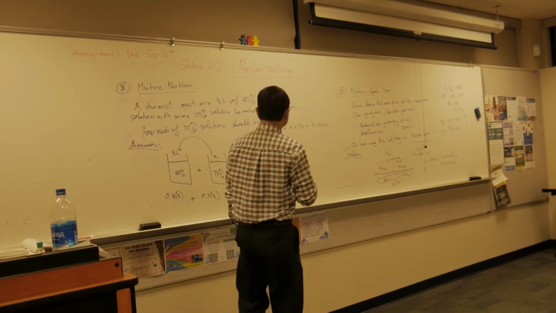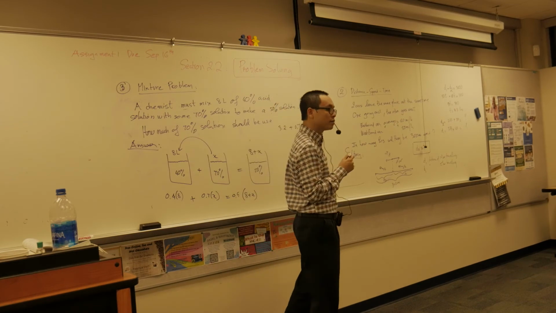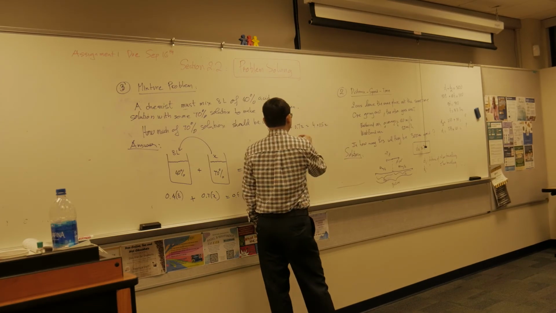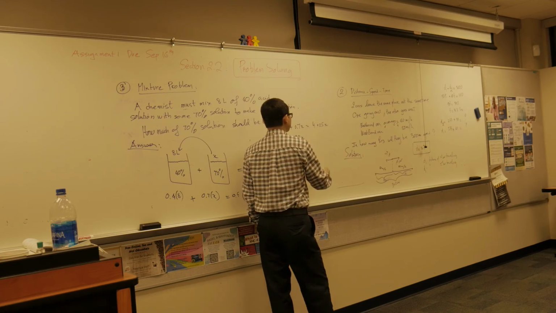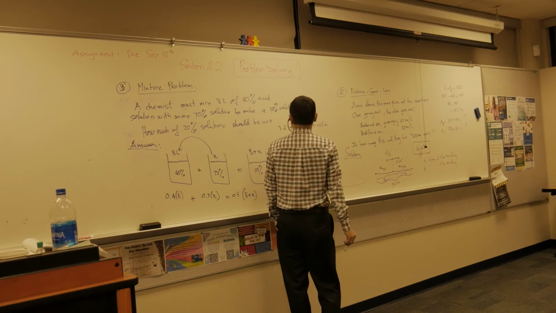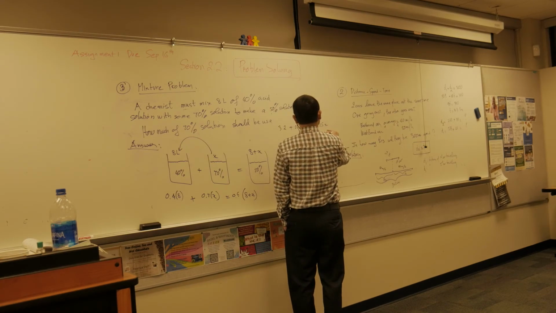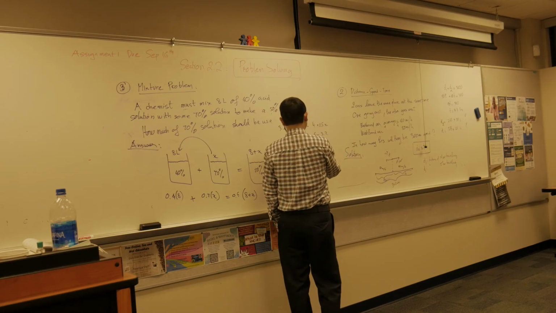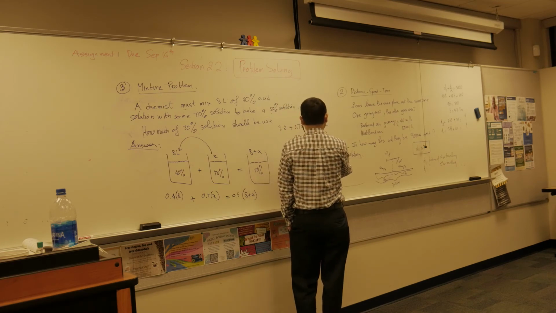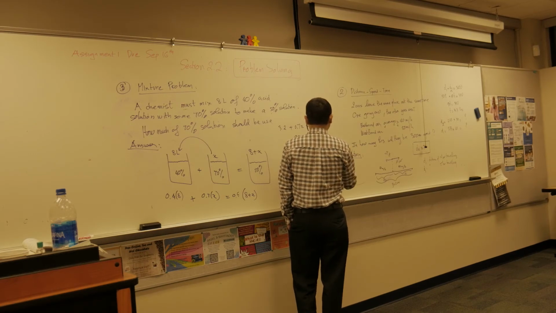All right, now we just go ahead and solve for x. 0.7x subtract both sides by 0.5x, so we can have 0.2x, right, equals 4 minus 3.2. So this could be 0.8, right?